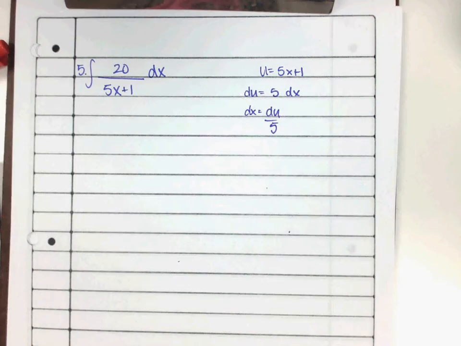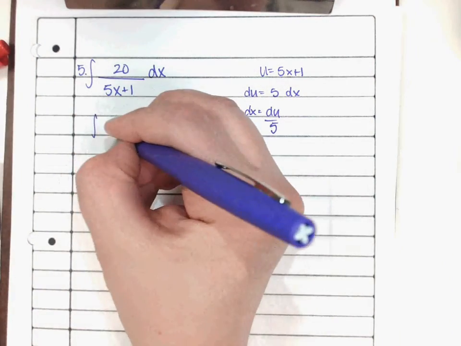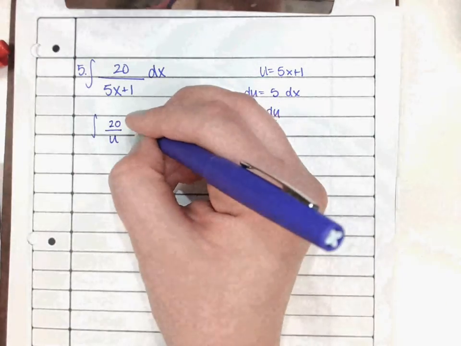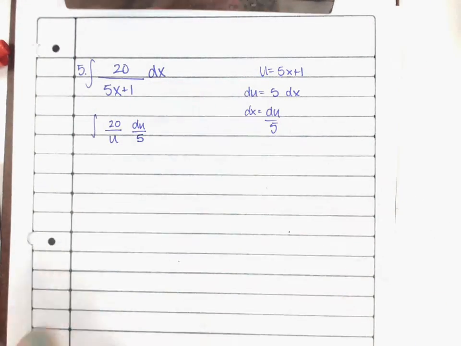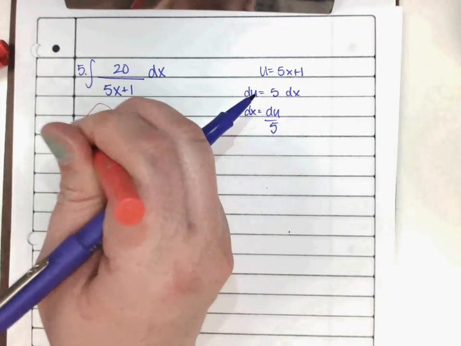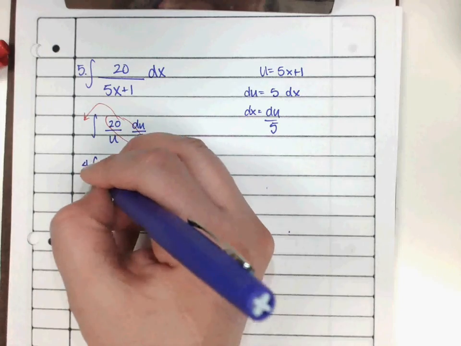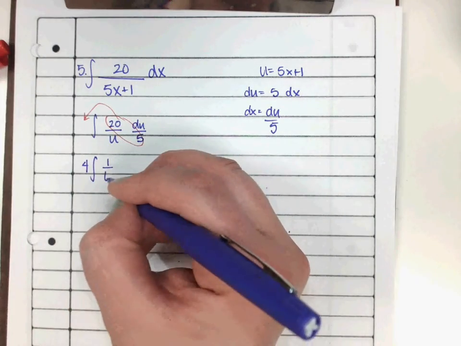And then from there, I'm going to rewrite. So this is the integral of 20 over u du over 5. What's 20 divided by 5? And that's going to move to the front. So I have 4 integral, and then it's not just a u, it's a 1 over u, right?